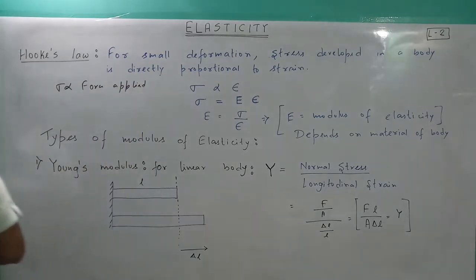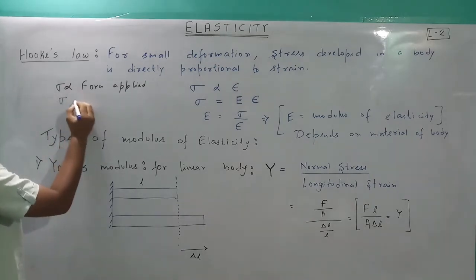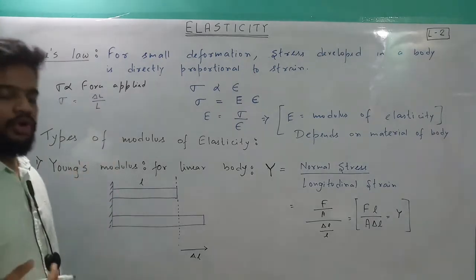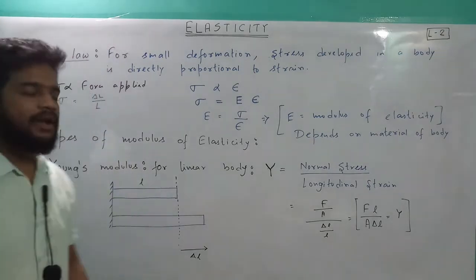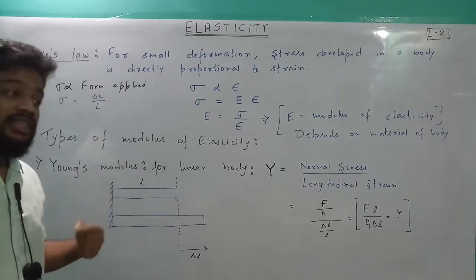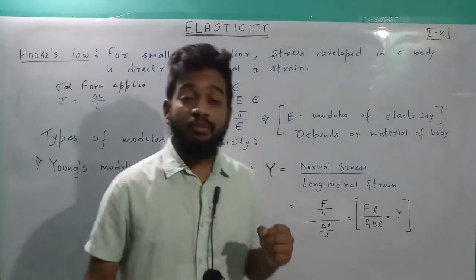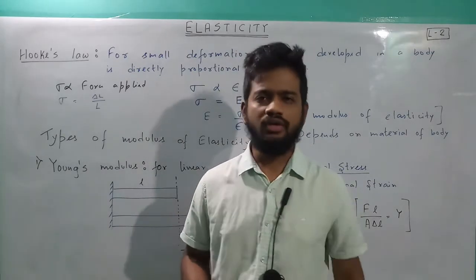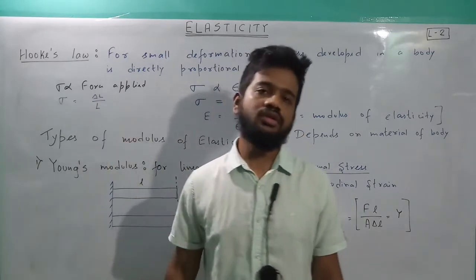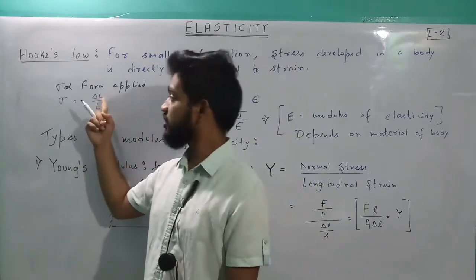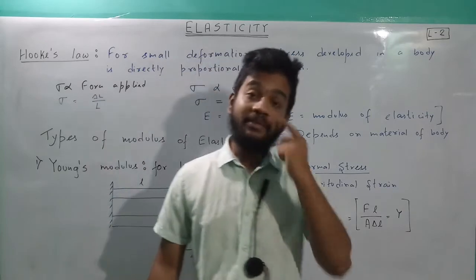Next, what is strain? Strain, in simple words, is change in length per unit original length, or change in volume per unit original volume. It depends upon change in dimension. And when will the change in dimension be higher? When the body is deformed more. Suppose a body is deformed by a very small amount, so the change in length will be very small. But if a body is deformed by a very large amount, the change in dimension will be higher.